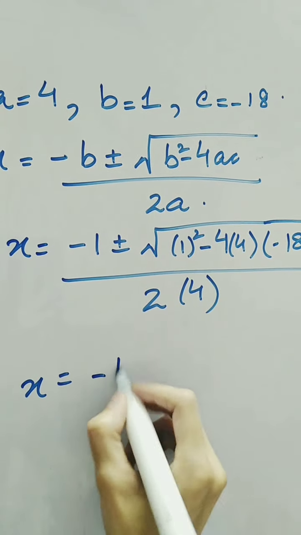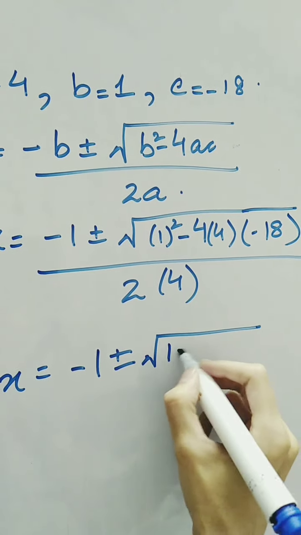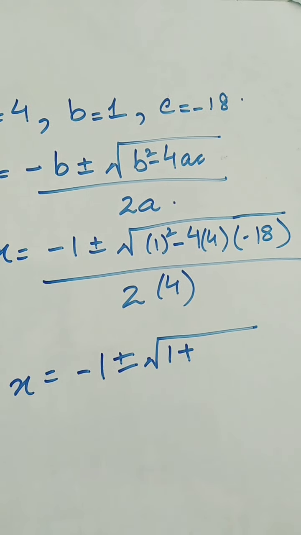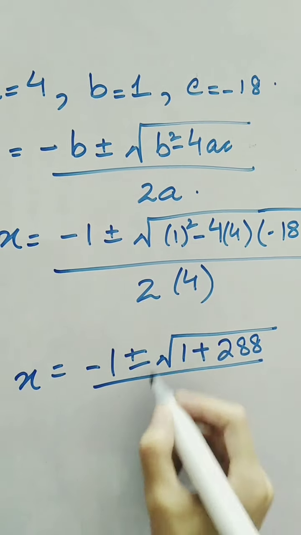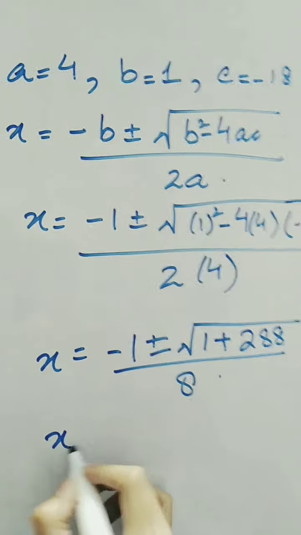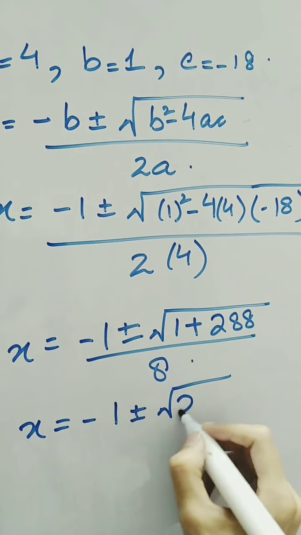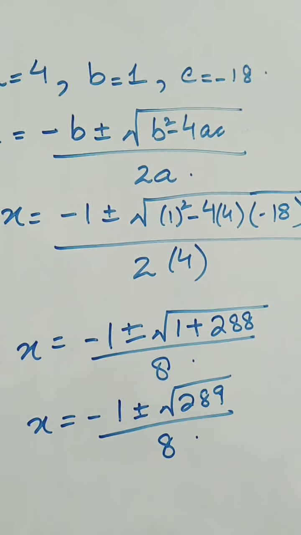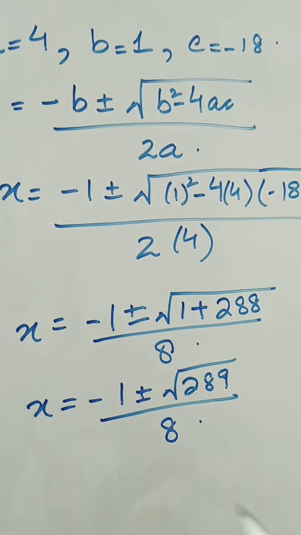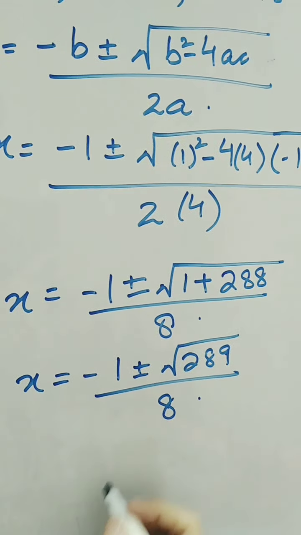Further solving, we will have minus 1 plus minus under root 1 plus 288 over 8, or we have values of x comes out as minus 1 plus minus root of 289 over 8. The root of 289 is 17.